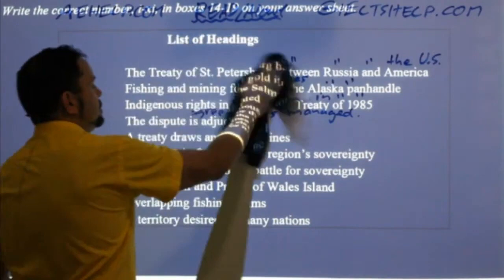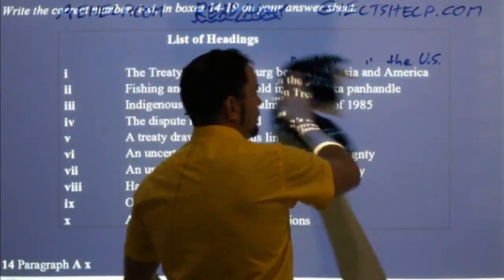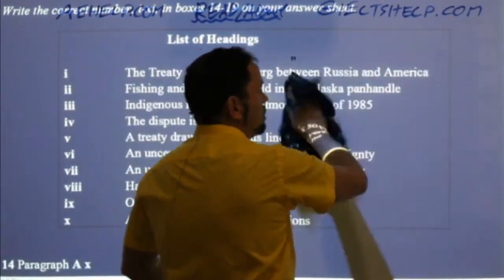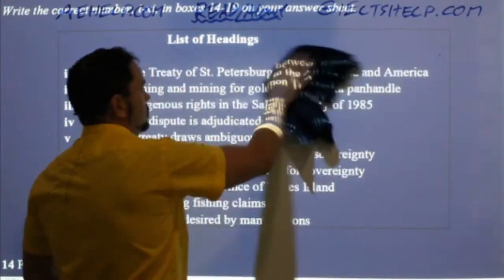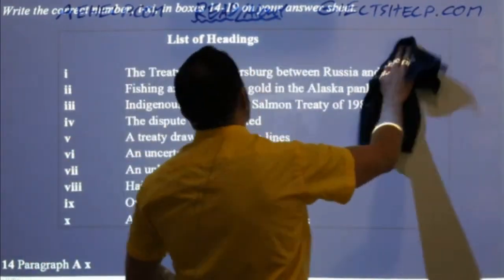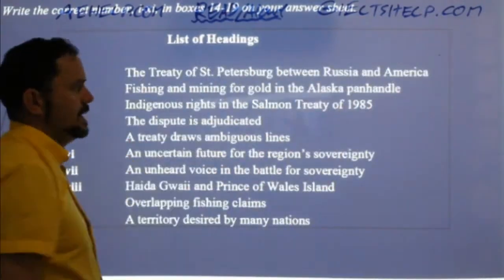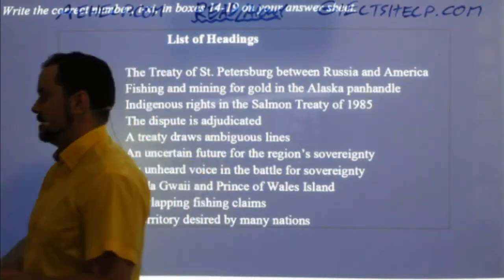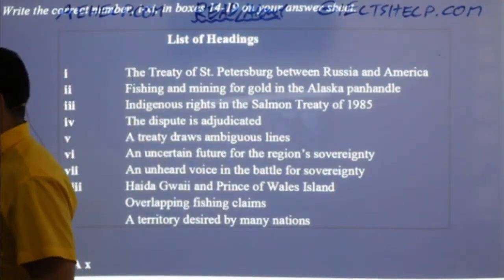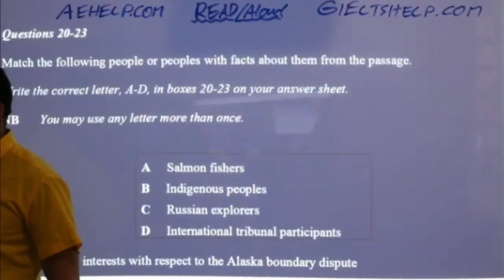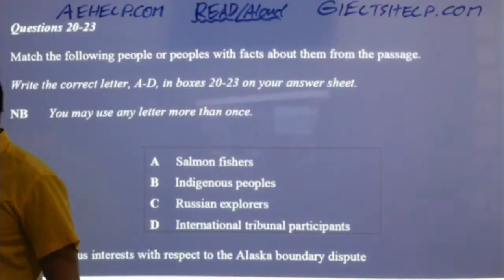Now, of course, to do good paraphrasing for a list of headings, build your vocabulary. So do lots of reading. Build your vocabulary and paraphrase as best as you can. Let's take a look at the other questions now in the passage and see if we should read them or not. Here is another one.